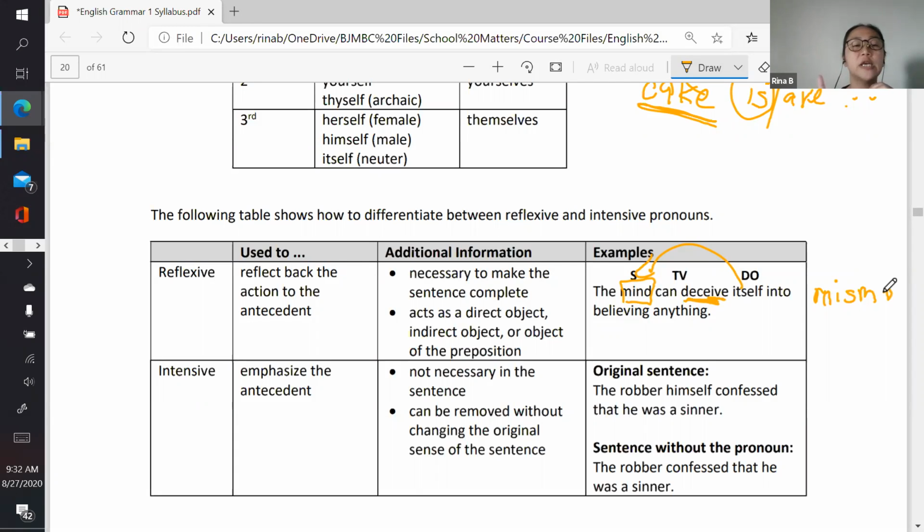That's fine. However, if you're using the pronoun as a reflexive pronoun, you cannot remove it from the sentence. So we cannot say, the mind can deceive into believing anything. Totally, the sense of the sentence is lost, right? Because we need to know what or whom the mind can deceive. Yeah? Yes? So the distinction between these two is clear.